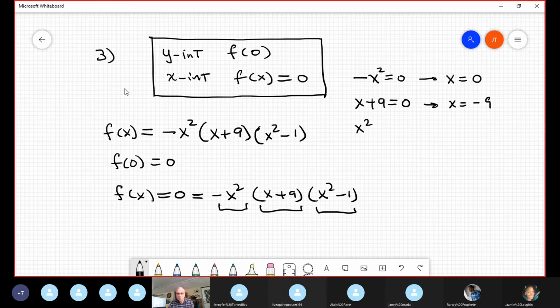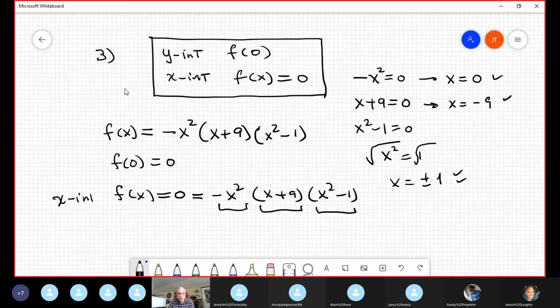And x squared minus 1 equal to 0. We can factor if you want, or factoring is not necessary. You apply the square root method for solving a quadratic equation. x is equal to plus or minus 1. Okay, so basically we have 1, 2, 3, and 4 x intercepts, and we have only one y intercept, the 0.